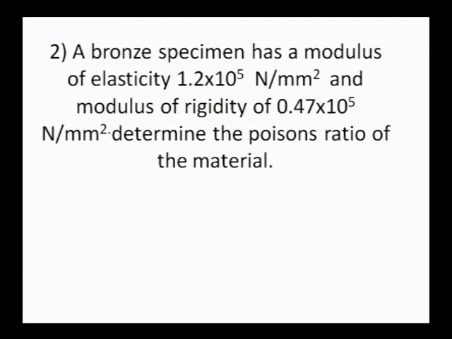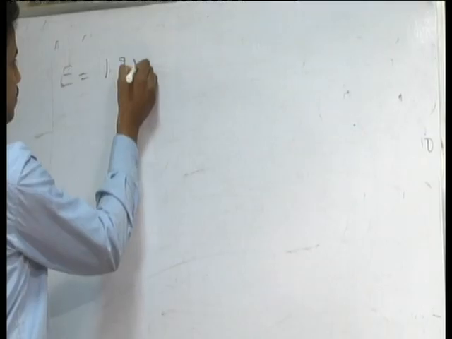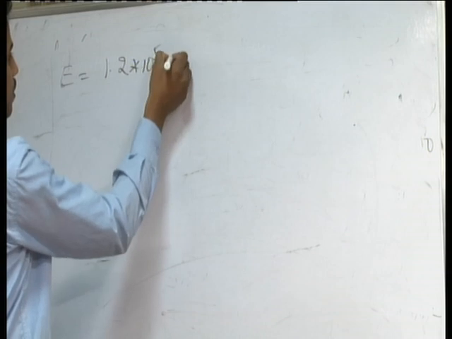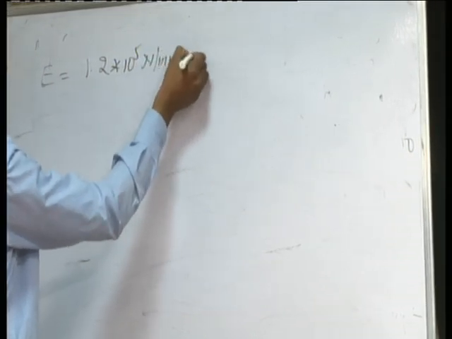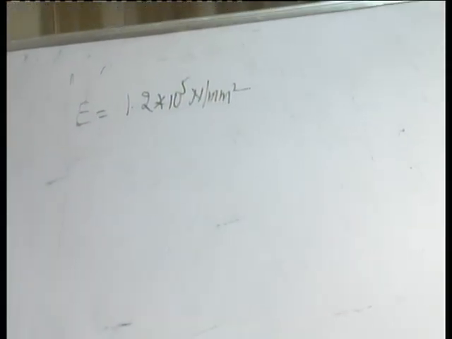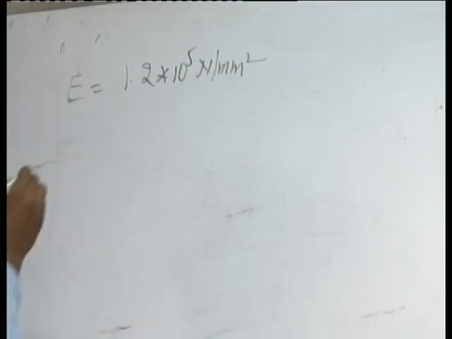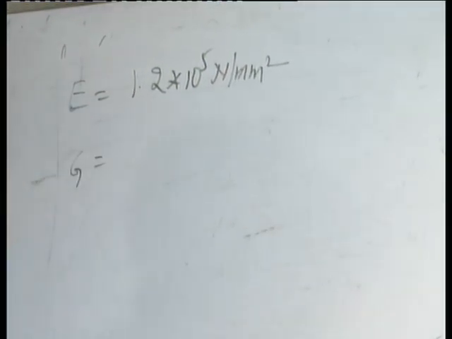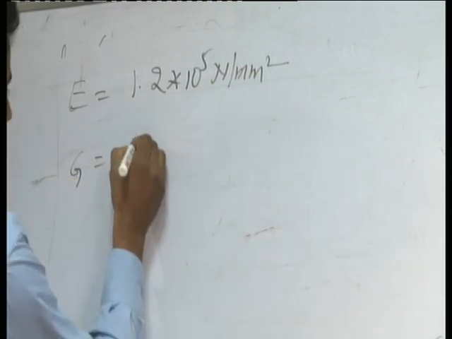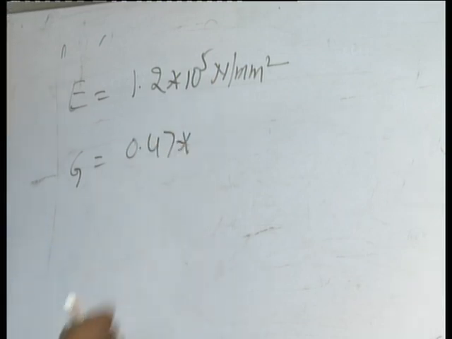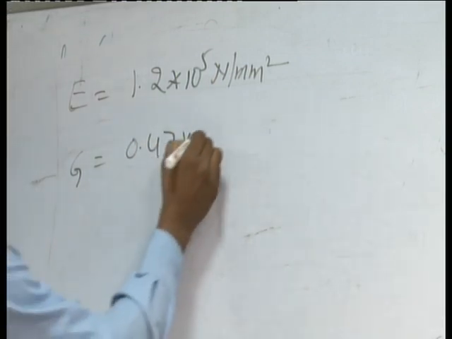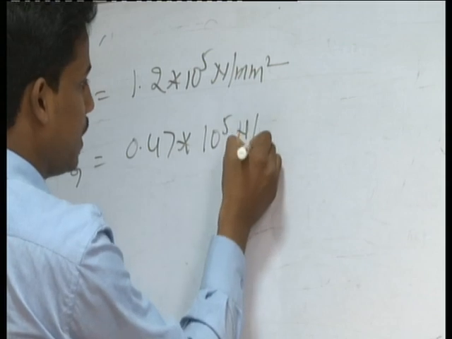Here we are given two values of elastic constants, that is Young's modulus E is equal to 1.2 into 10 to the power of 5 Newton per millimeter square, and another one is modulus of rigidity G as 0.47 into 10 to the power of 5 Newton per millimeter square.